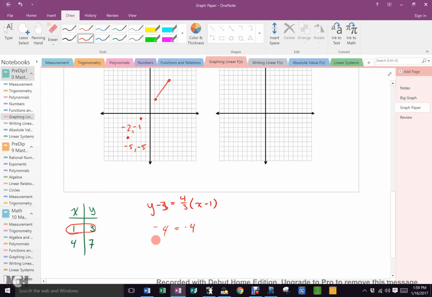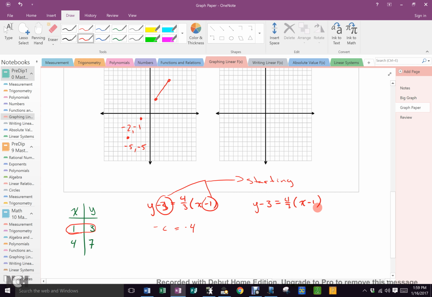Yes. So we know that this point right here is my starting point. Just like the slope intercept form, the b is your starting point. But remember, I started at 1, 3, because if I come back to here, y minus 3 equals 4/3 x minus 1.